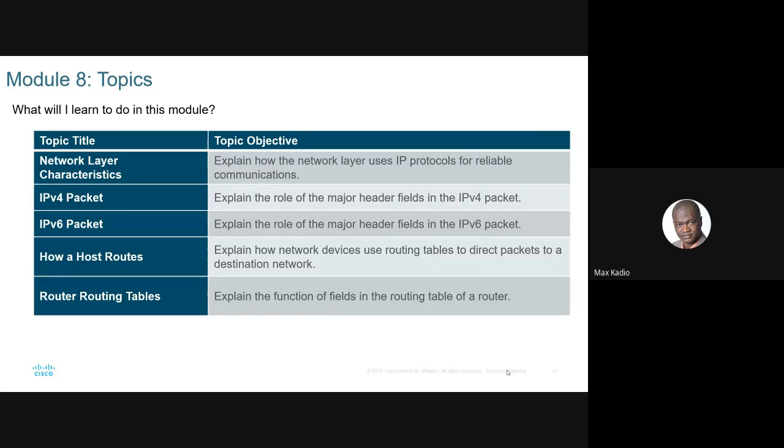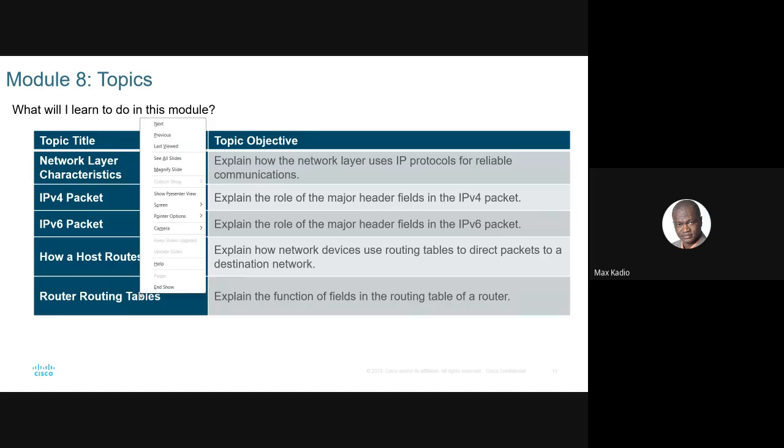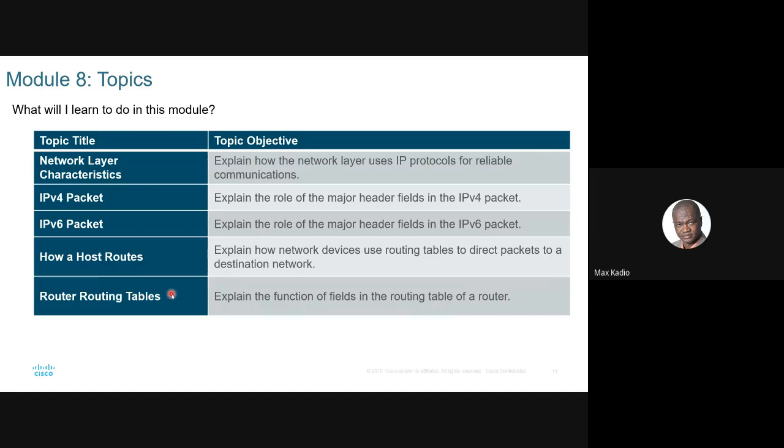In this chapter, we're going to see how to assign an IP address to devices. We have IPv4, we have IPv6, and we have the routing table. I'll try to make it very simple for you. Let's continue first.